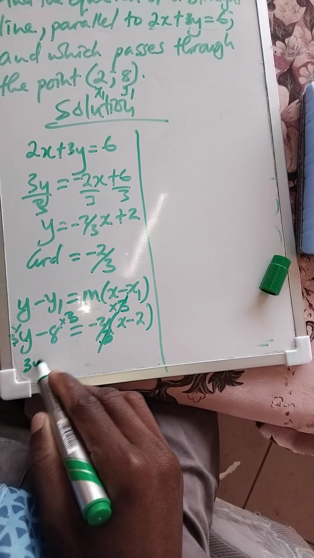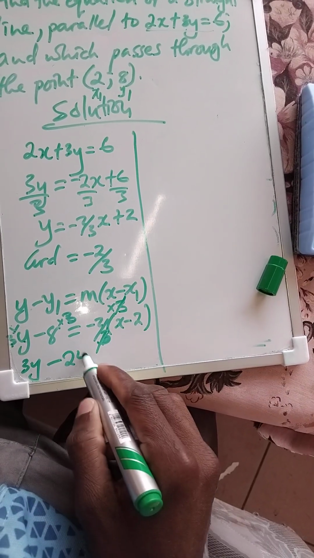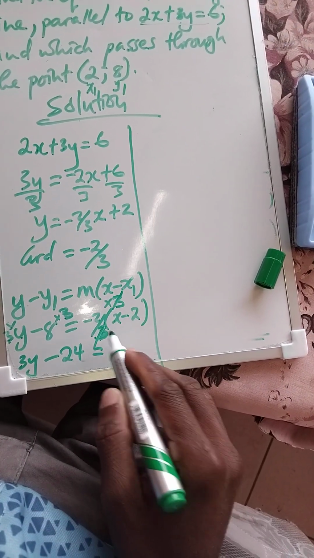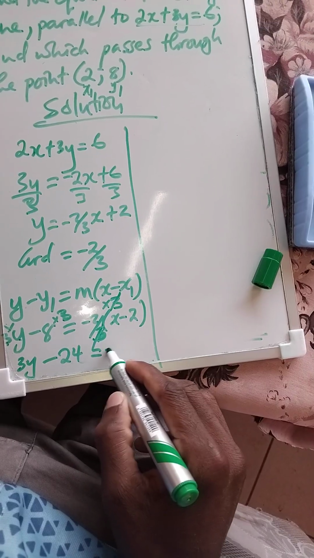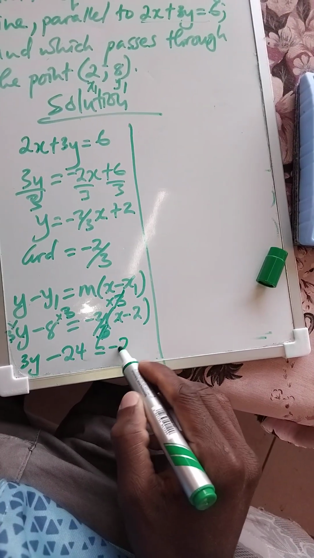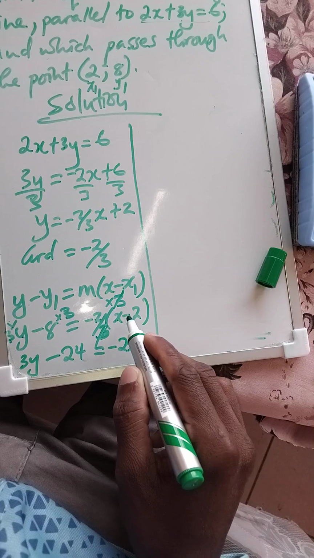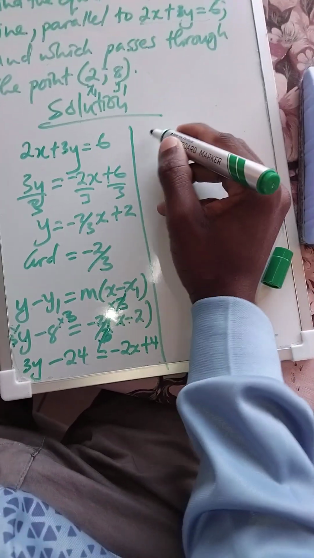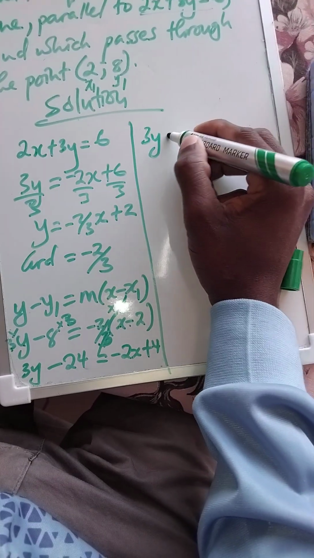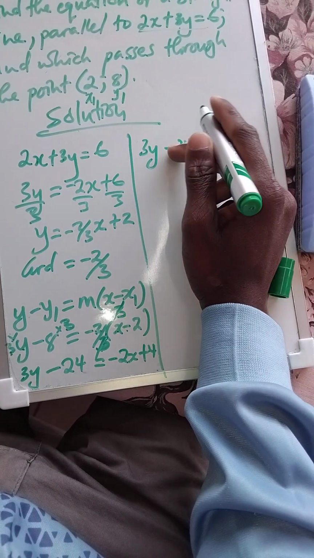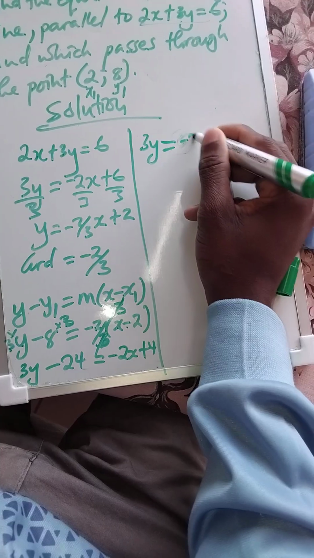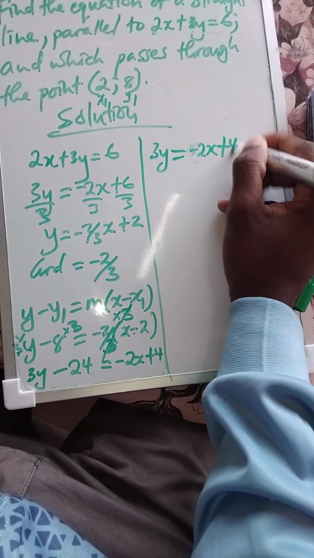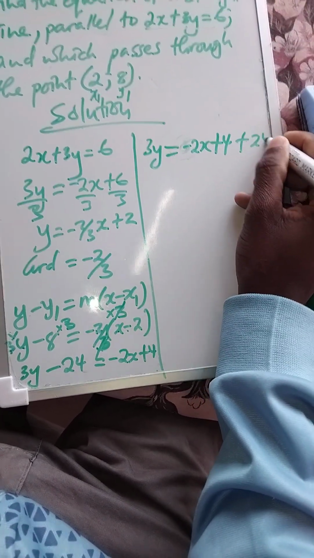So we have 3y minus 24 is equal to negative 2 times x, negative 2x, and negative 2 times negative 2 gives plus 4. So 3y minus 24 is equal to negative 2x plus 4, then plus 24.